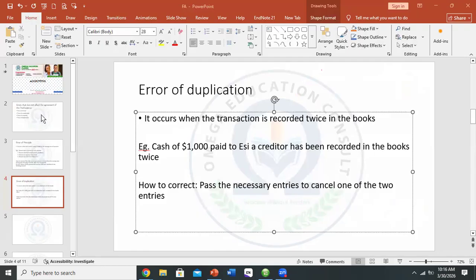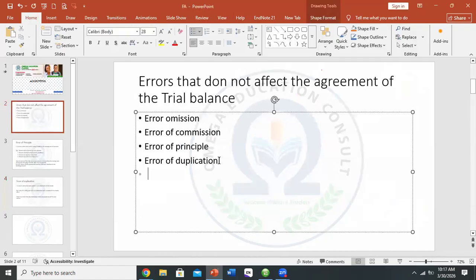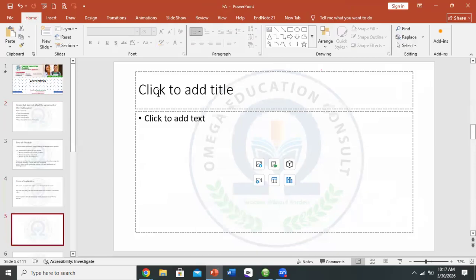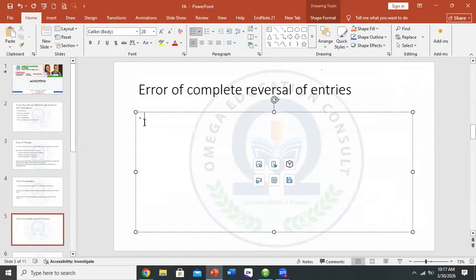The next error. We look at the error of complete reversal of entries. Let's look at what this error is. For this error, the name suggests what it is.